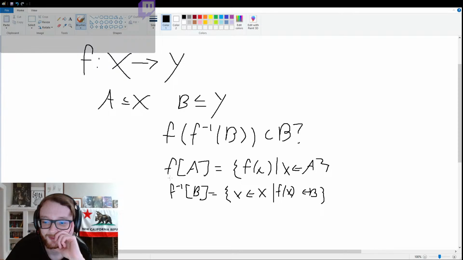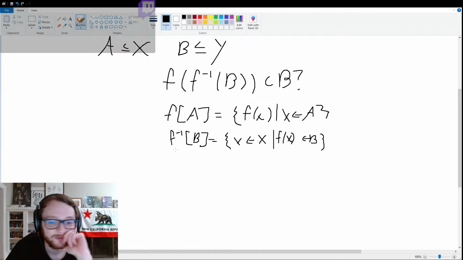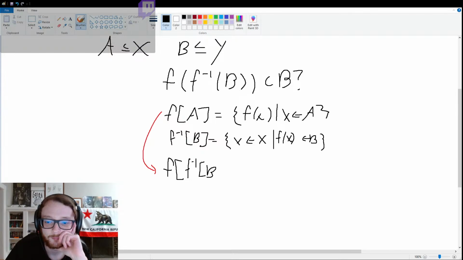F of A, I mean, so if we just kind of blindly take this definition, and instead of A, we have F inverse of B, do we get anything?